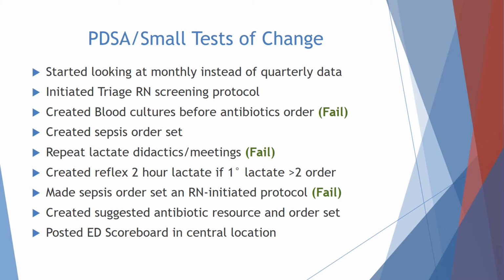And now they're at the point where they have posted an ED scoreboard in a central location, so all staff can see how we're doing on sepsis. Even float nurses can come in and see what the department is working on at that time. And so there's a lot of positive progress here, and like I said, every one of those bars is increasing because of regular PDSA cycles and small tests of change.